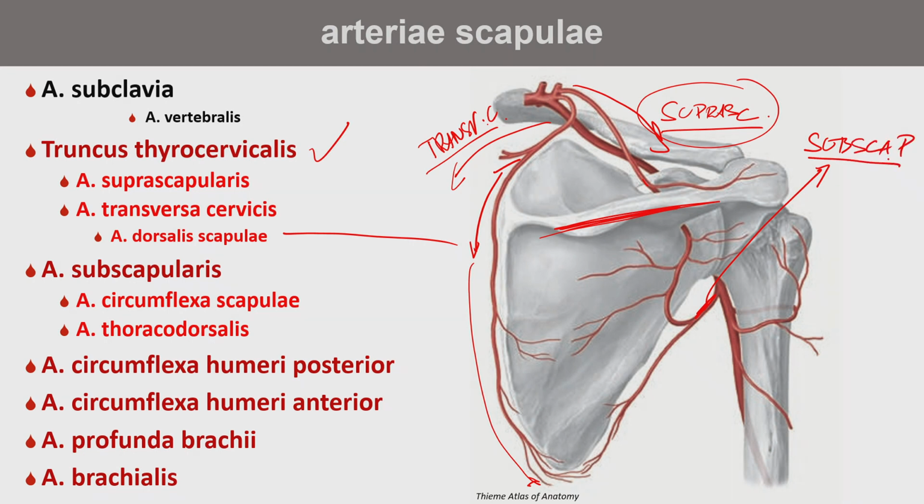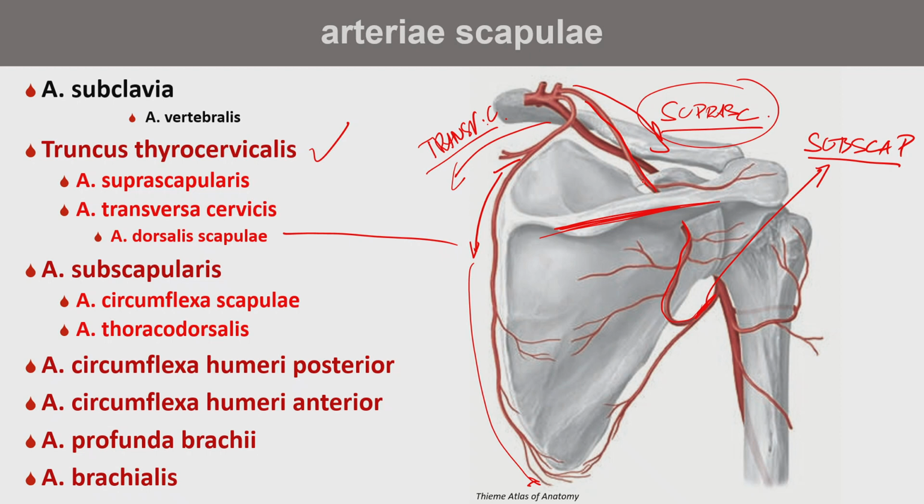The subscapular artery has very important branches, and one of those branches is connected directly with the suprascapular artery in the notch of the scapula. There is a neurovascular bundle which also goes from dorsal down.